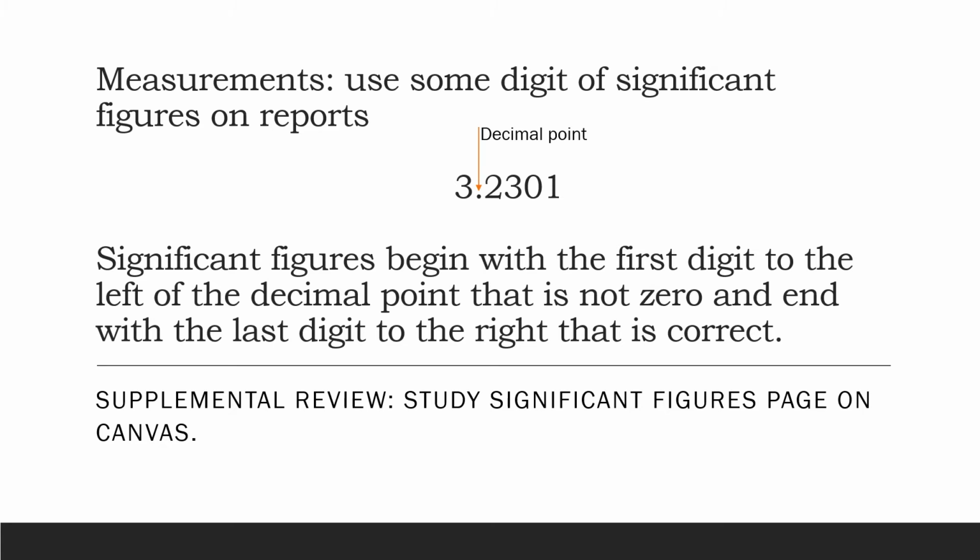One is the regular mathematical way, and the other one is commonly used in the real world. So anyway, review your supplemental review. Okay, if you understand the significant figures, there are only a couple of questions in the quiz. So if you get it, I think you should be fine.